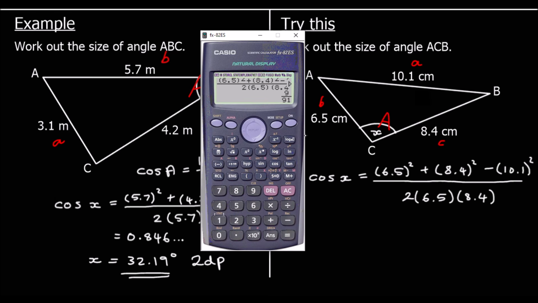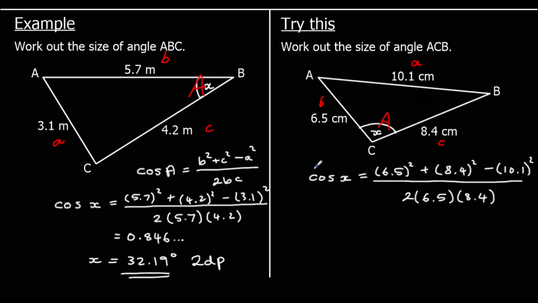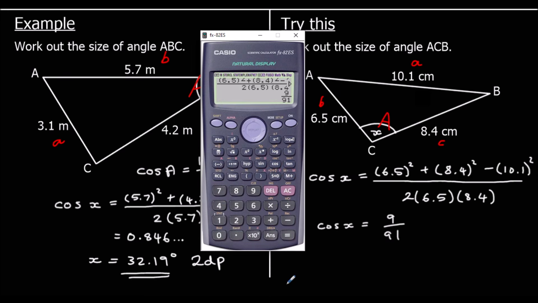So we've got 9 over 91, or 0.098 and so on. So cos x is 9 over 91. We want x, so to get cos away from x, let's shift cos the answer, and we get our angle of 84.32 to 2 decimal places.